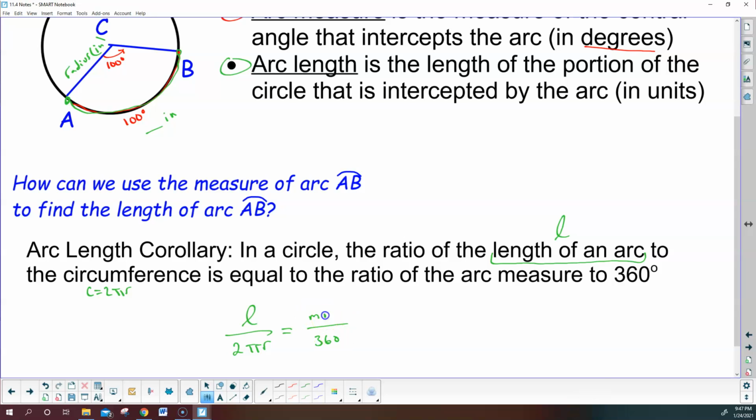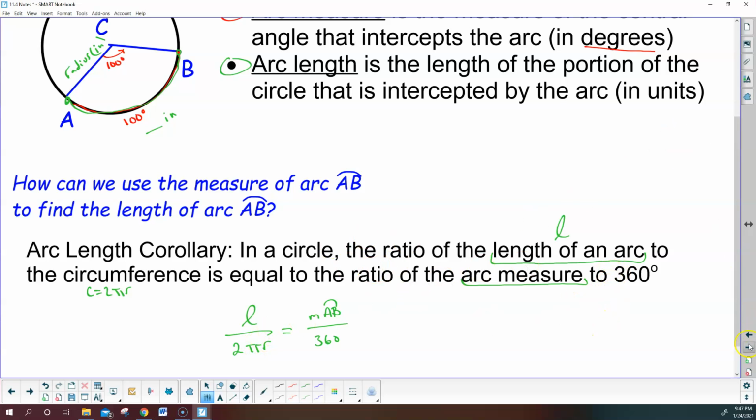We usually use this symbol as arc measure. Isn't arc measure the same as the central angle? So in this case, I would put 100 here, because 100 out of 360 gives me this portion of this circle. However many degrees the central angle is out of 360, that's the same ratio as the arc length out of the circumference.